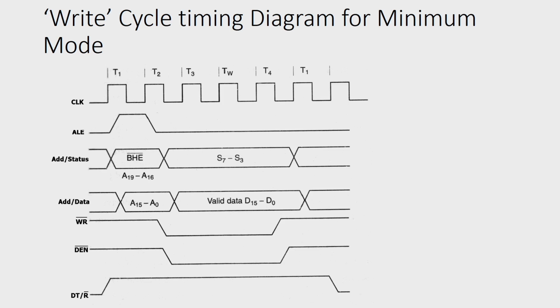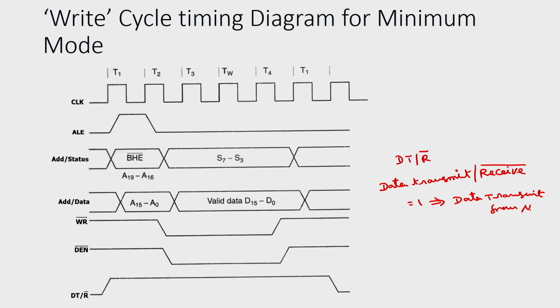And DT by R bar, in case of the write cycle, represents data transmit slash receive bar. As the name implies, this one implies data transmit from the microprocessor, which is the write operation.